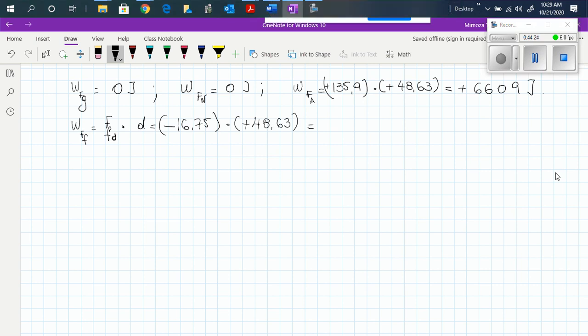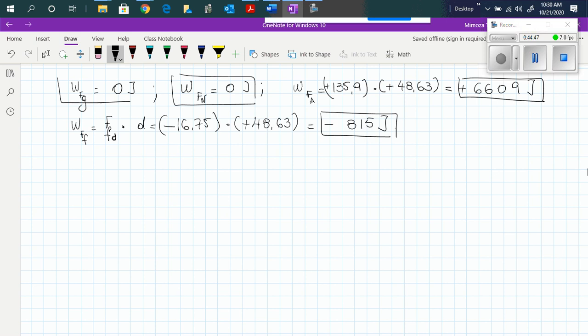So 16.75 times 48.63 is negative 815 joules. Okay, so this is one work, this is the second one, third one, fourth one.